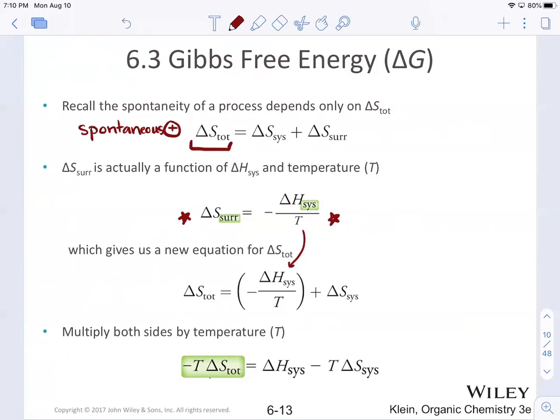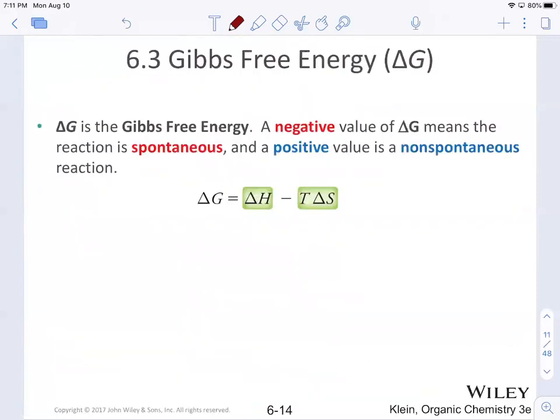And then cleaning things up so that we don't have anything divided by temperature, we just multiply temperature out. What we see is delta H of the system minus T delta S of the system. What we're trying to do is relate everything to the system in this derivation. And what we get out of that is delta G, Gibbs free energy.